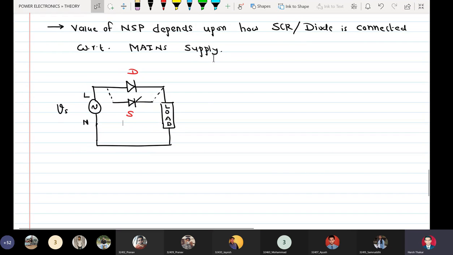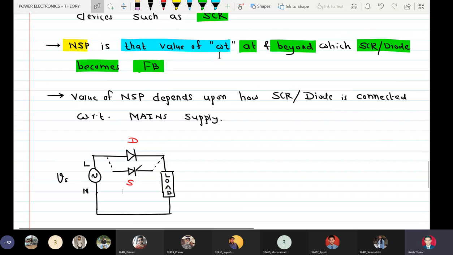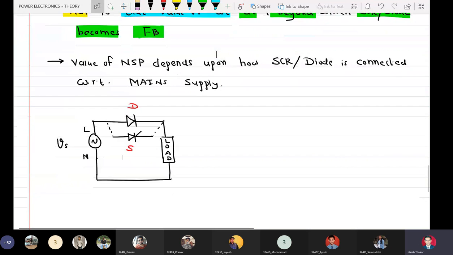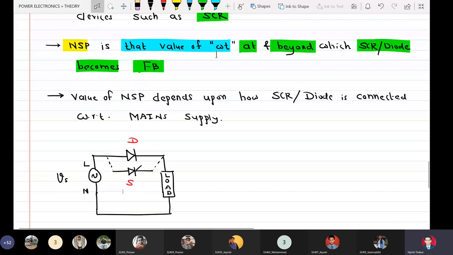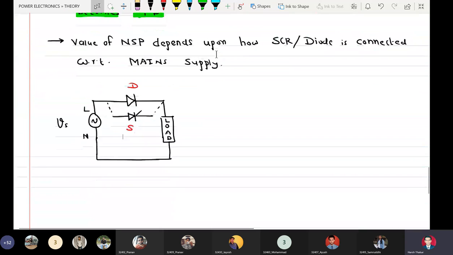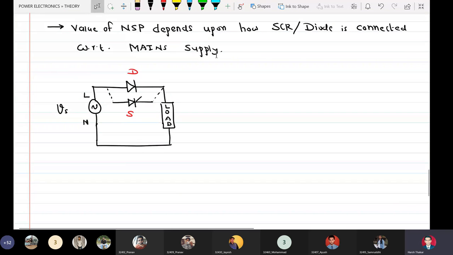Yes, in this circuit, what will be the natural switching point or value of omega t at and beyond which the SCR or diode will become forward biased in this circuit? What is the value of omega t at and beyond which D and S will become forward biased in this circuit?